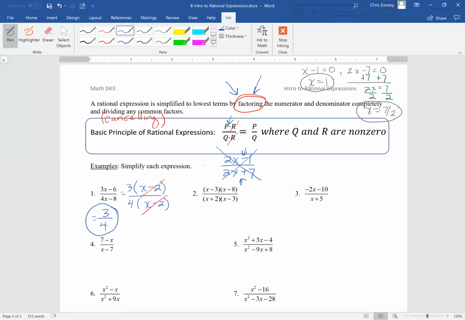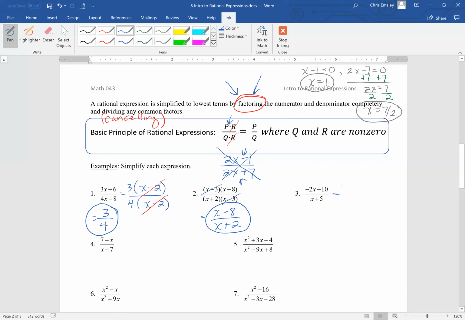Okay, this example number 2, that's nice because it's factored for us already. And if you look at the numerator and the denominator, you can say they both share an x minus 3. So this rational expression is equivalent to x minus 8 over x plus 2. Okay, next up, number 3, we need to do some factoring here.